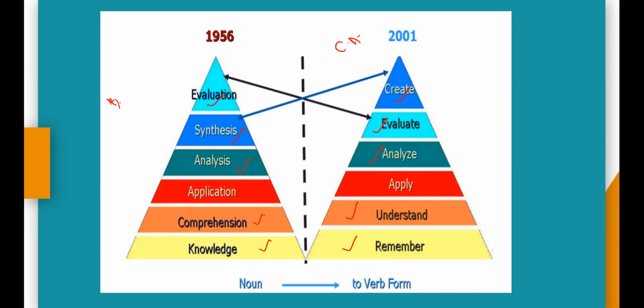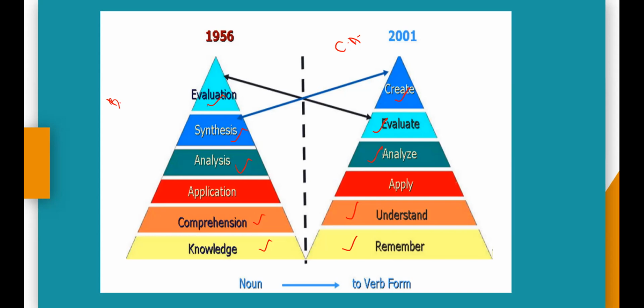For example, locate places on a map, identify the parts of a flower, discuss phenomena, or interpret some information. This is comprehension in nature; you are going to comprehend that information.